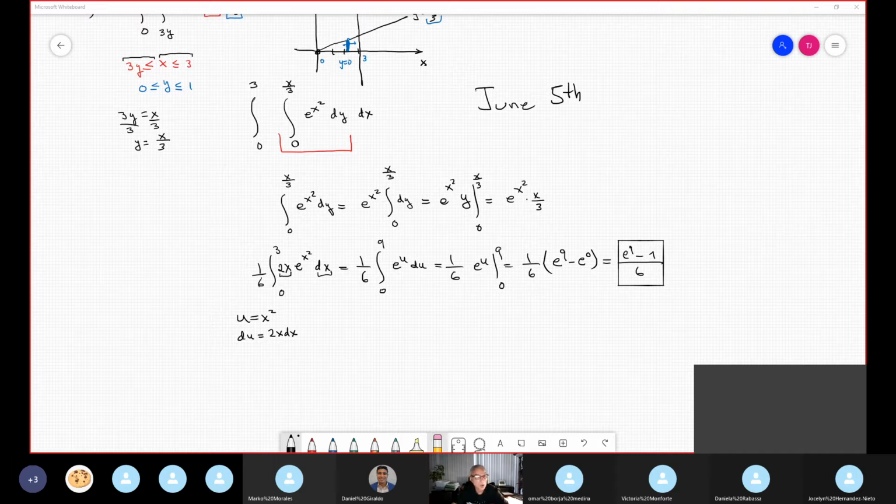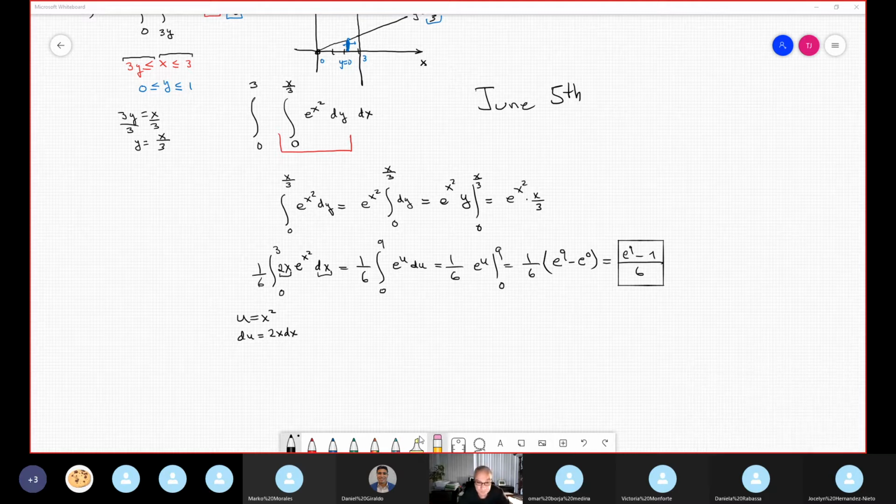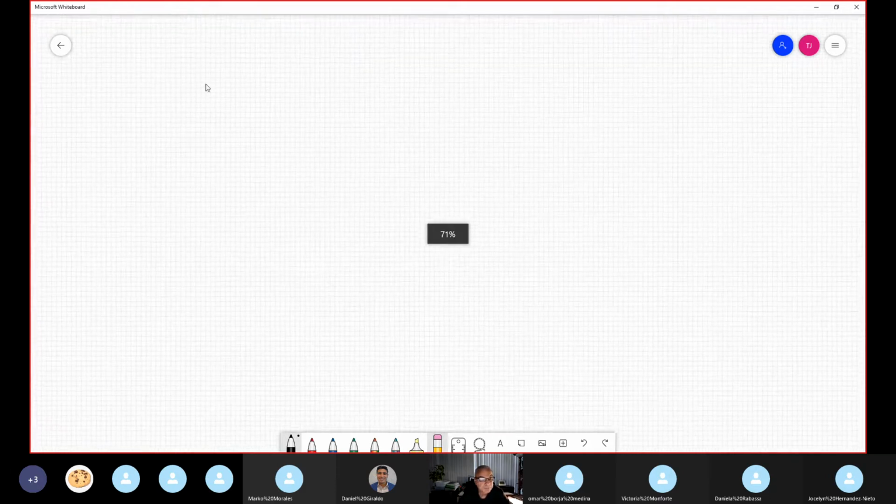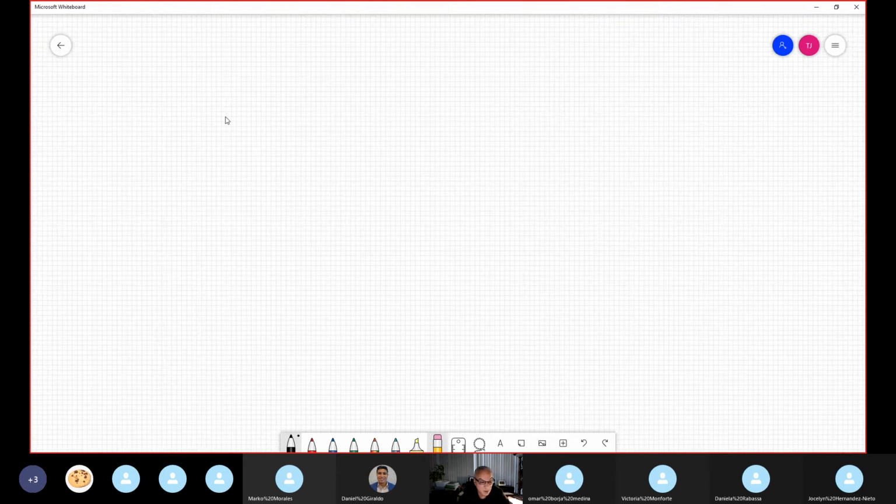Okay, let's move on to question 4. Question 4 says, evaluate the integral by converting to polar. Wow, polar now. The double integral given is in Cartesian coordinates, xy.